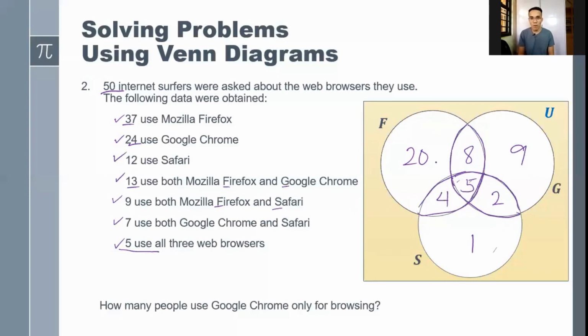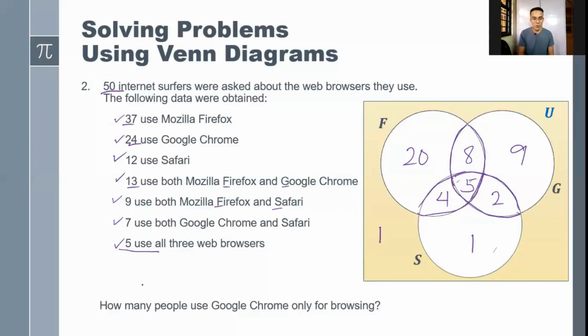So we have a total of 49 here. Therefore, we need one more. And where do we put one? One should be outside these circles. So you can put one here, anywhere outside these circles as long as it is inside the universal set. So we have now a total of 50. Let's count again: 37, 38, 39, 40, 49, 50.